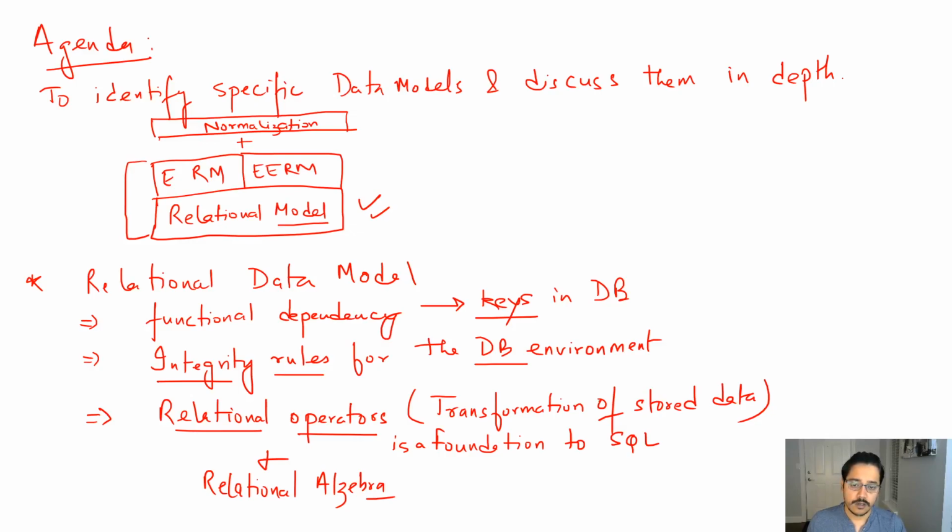Okay. So how we are going to address this in terms of lecture videos is we're going to break this topic of discussion down into two particular videos. Okay. So the first one, we are essentially going to talk about functional dependencies, the different types of keys that are present in the database environment using the concept of functional dependency, and then talk about the integrity rules of the database environment.